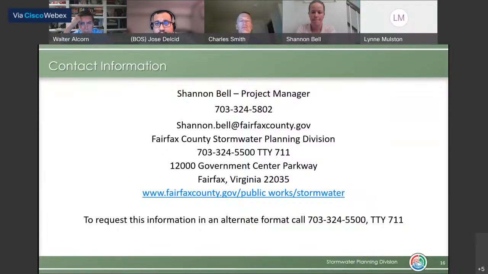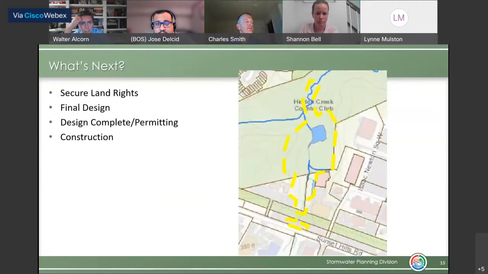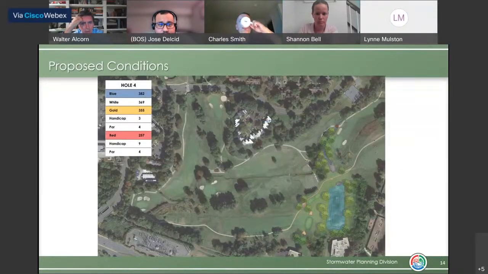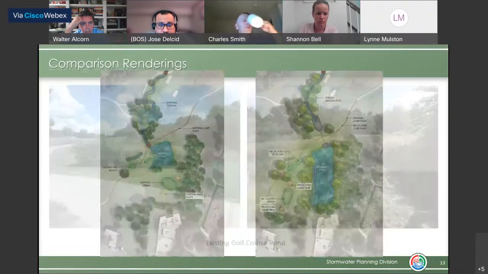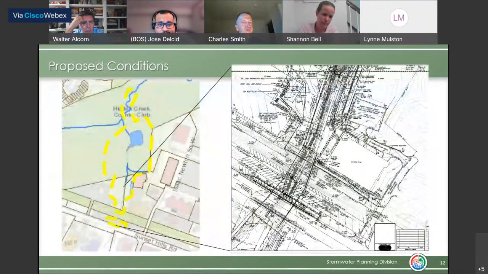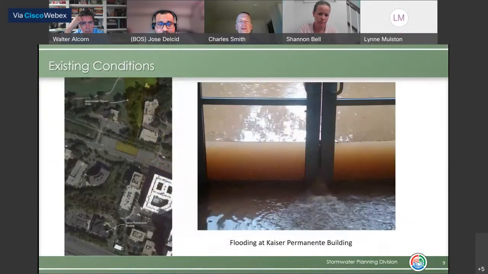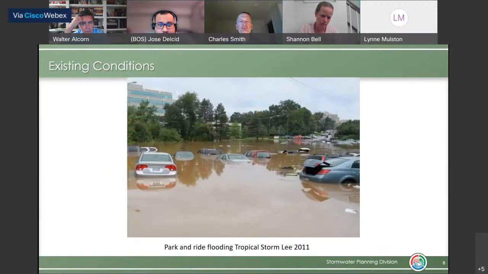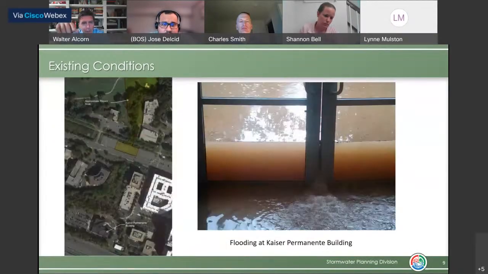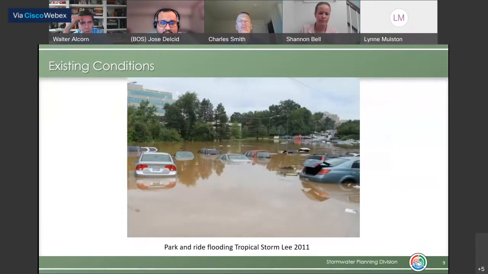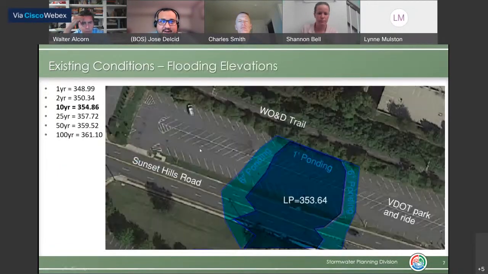Yeah, Lynn, before we go to John, Shannon, if I could ask you to put the overhead slide back up. Not that one. Let's see, keep going. The one that shows Sunset Hills. I think it was one of the first ones. I think it's the one that showed where the drainage flow was coming from. It's like a gray one that you had colored.